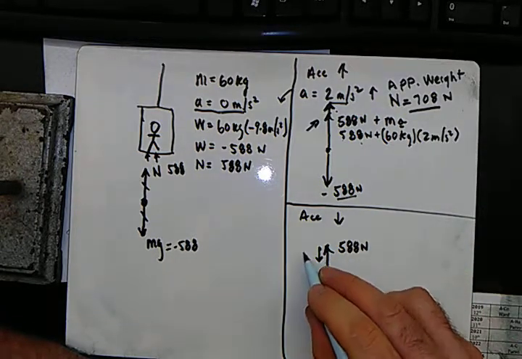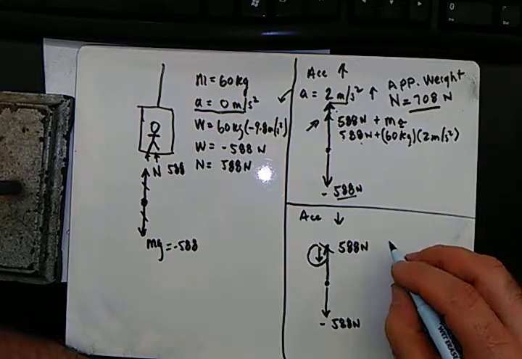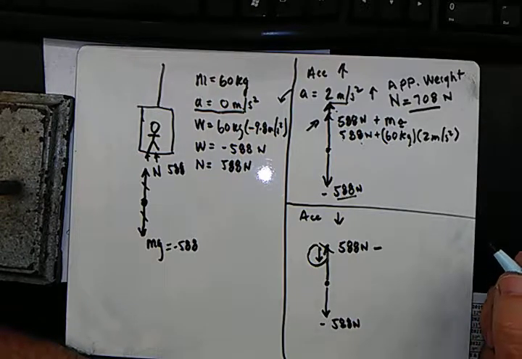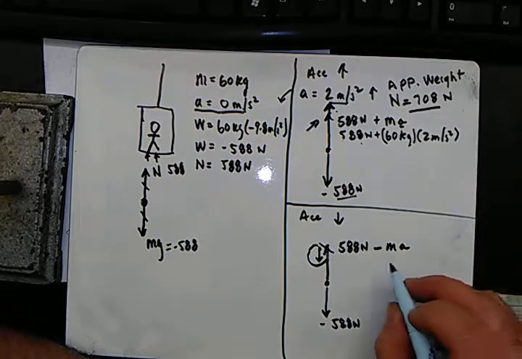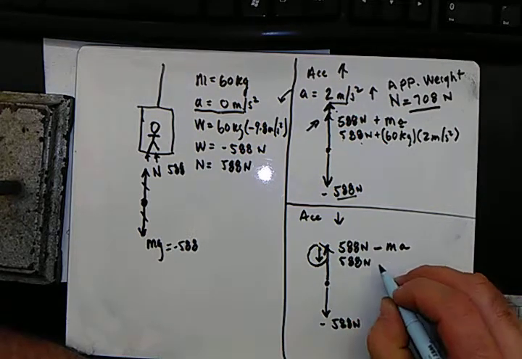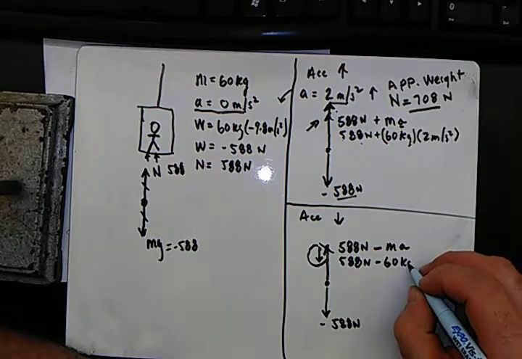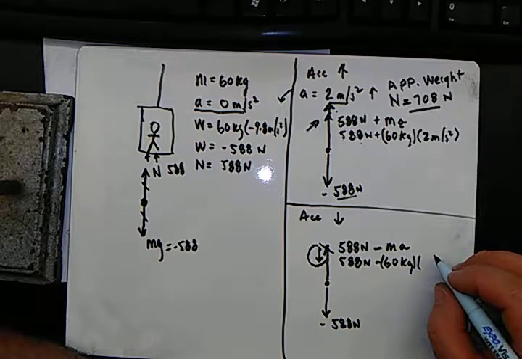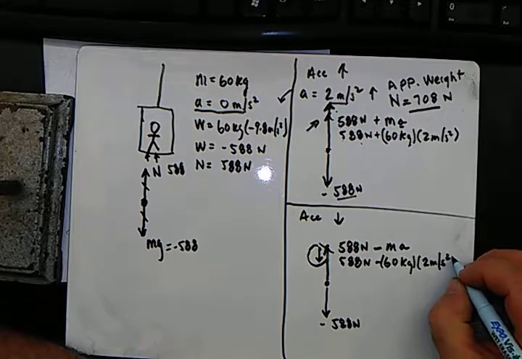So this downward arrow will represent a minus sign. What I'm going to do is subtract mass times acceleration of the object. So 588 minus 60 kilograms times 2 meters per second squared.